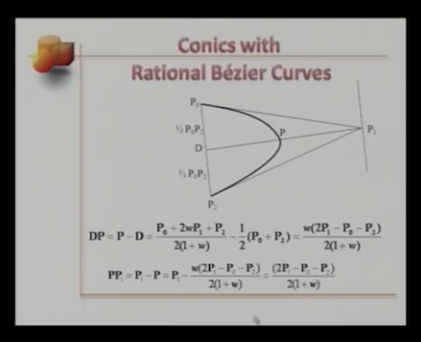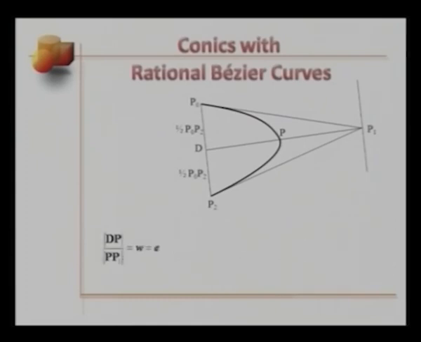All we need to do is compute the magnitude of dP and that of PP1, compute the ratio, and equate it to the eccentricity E.